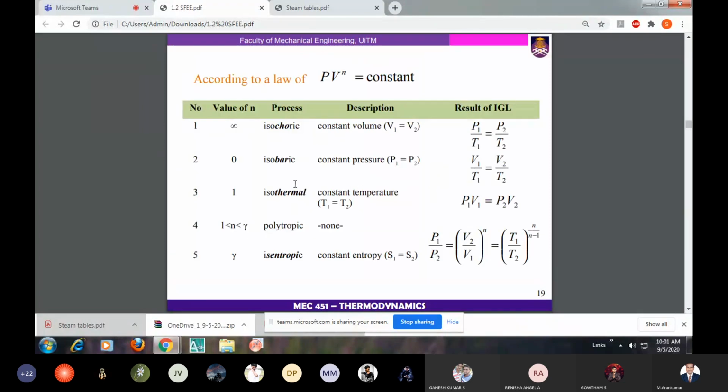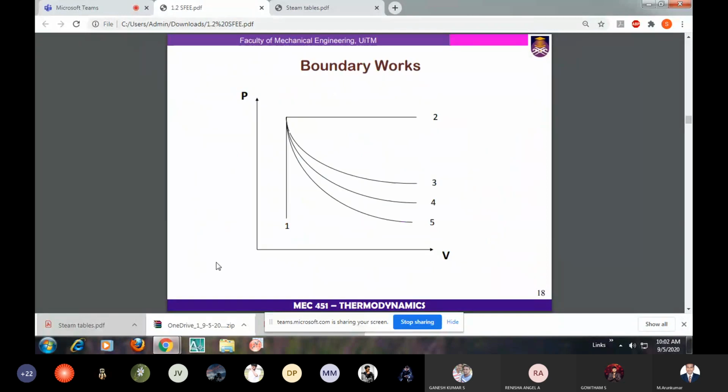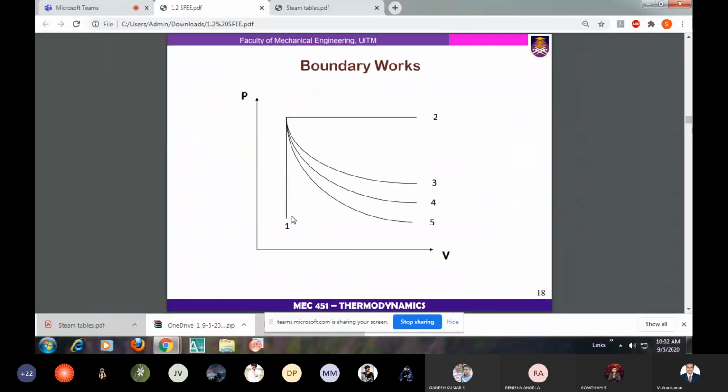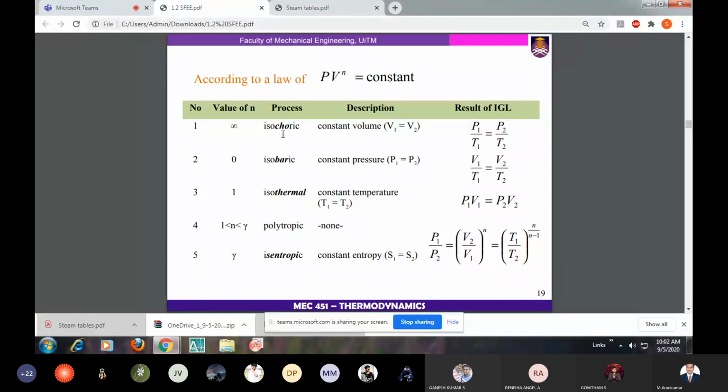Yes. Look at this table. So these are numbers 1, 2, 3, 4, 5. In this graph, in comparison with the table, the first graph, the vertical line, will give you the isochoric process. You know that is a constant volume process. There V1 is equal to V2, and the ideal gas equation can be written as P1 by T1 is equal to P2 by T2. Right.